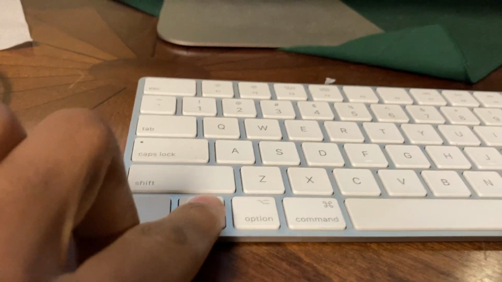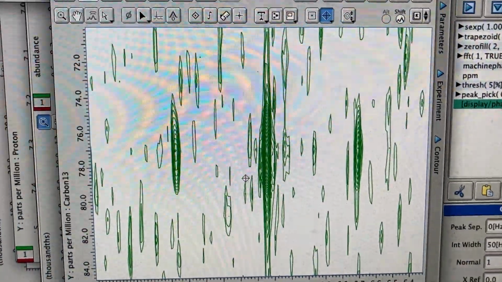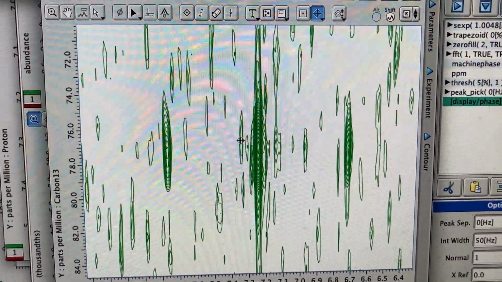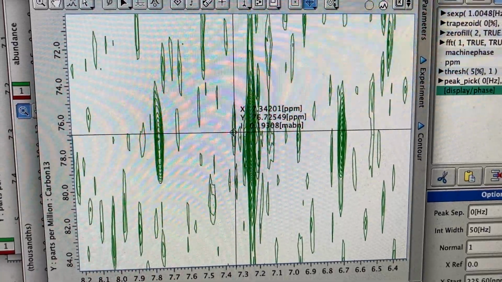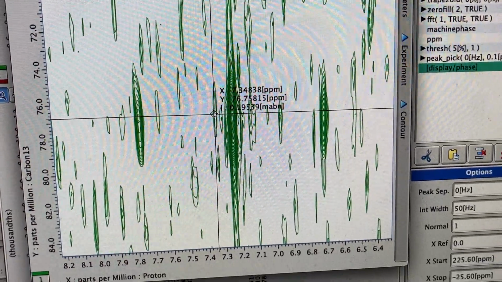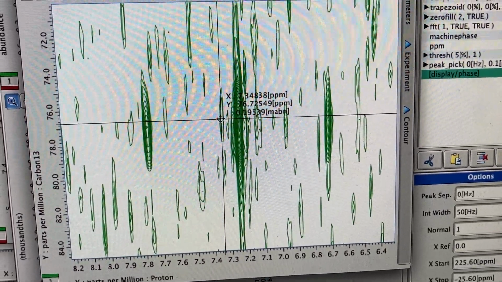I'm going to enhance this a little bit. So again, I'm just going to click the control key and scroll on my mouse to enhance this. So I enhanced it a little bit. You see this one here, I think it's around 7.34.